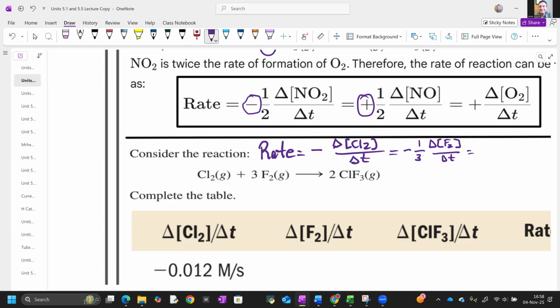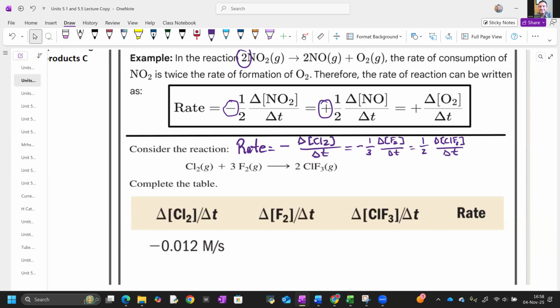We notice it's a product, and so we are not going to put a negative sign in this expression, nor do we need to put a positive sign, but if you want to, it's perfectly okay. So we're going to then say that this is 1/2 the change in the concentration of ClF3 with regard to the change in time. And so there's our rate expressions for that reaction.